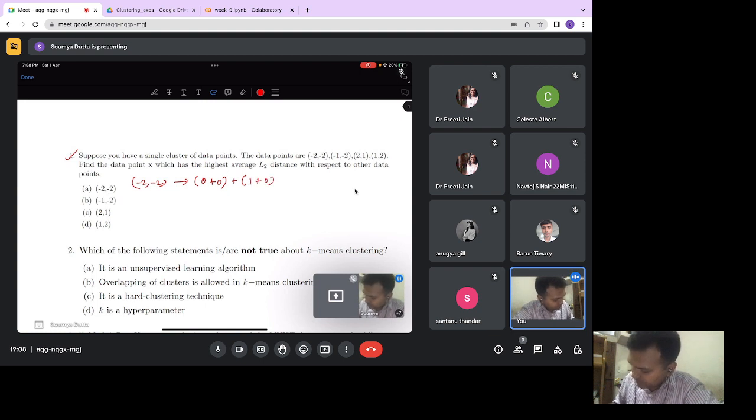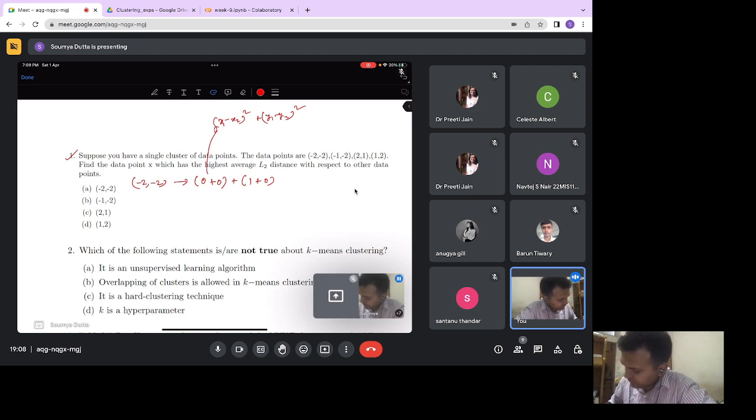This is nothing but x1 minus x2 whole square plus y1 minus y2 whole square. So I am writing those values like this. Right, okay, so this is 0 plus 0.